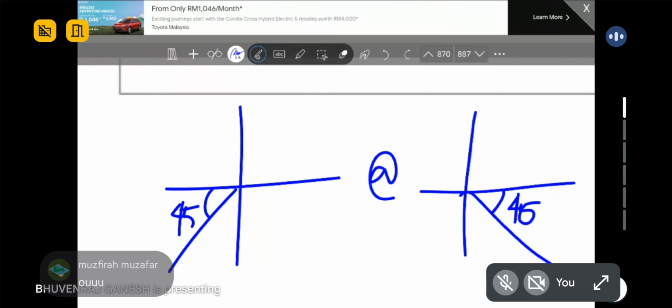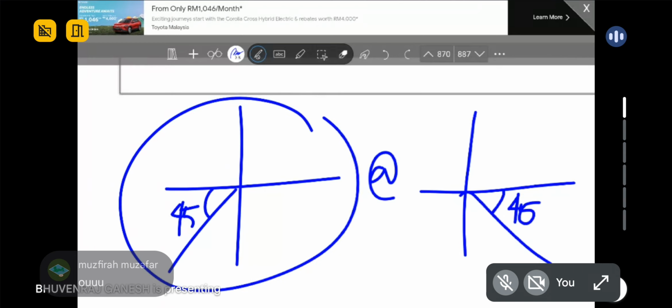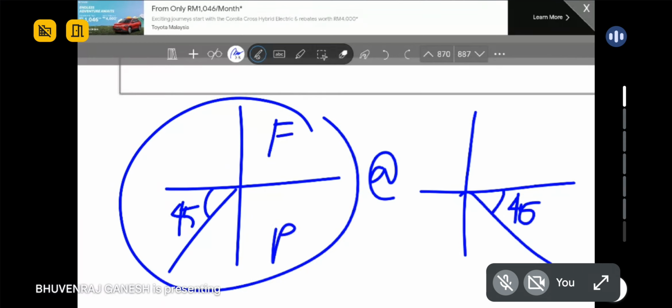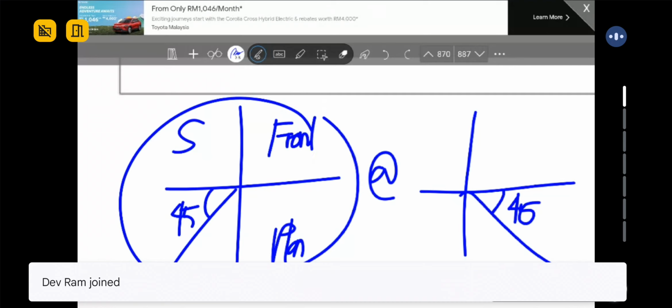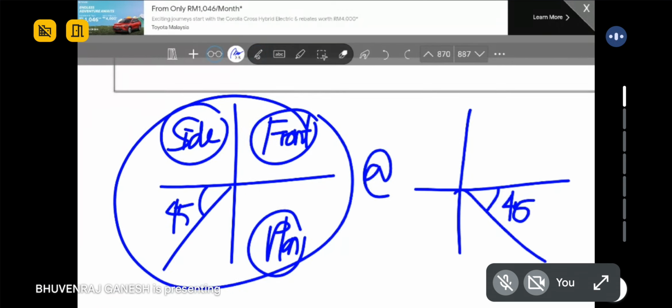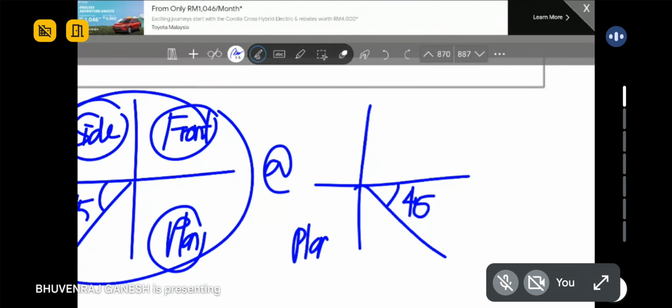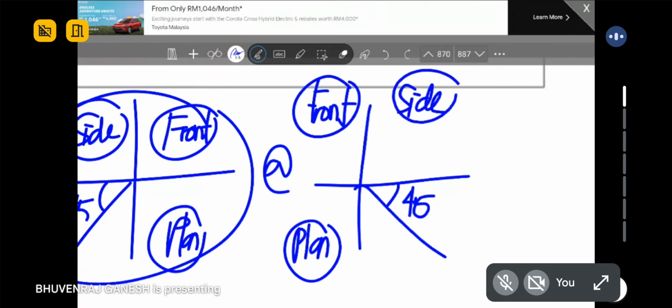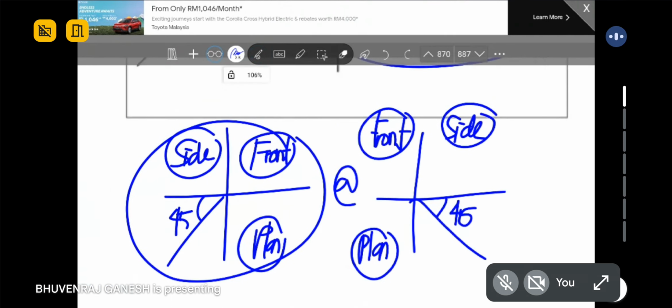But sometimes the question will fix it for you. Dia akan tetapkan, dia bagi macam ni kat kamu. So kamu kena tahu urutan dia macam ni. Plan, front, side. This is the order, guys. Remember. Plan, hadapan, sisi.